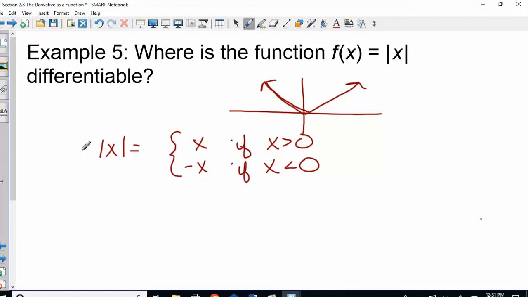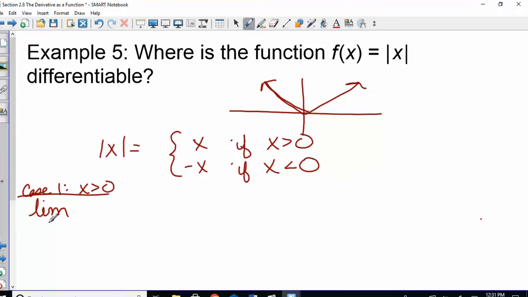So if I were trying to find the derivative, I want to know, is it differentiable? Does the derivative exist? I would have to do the left and right hand separately here because I have two different pieces. So let's pretend we have a positive number.